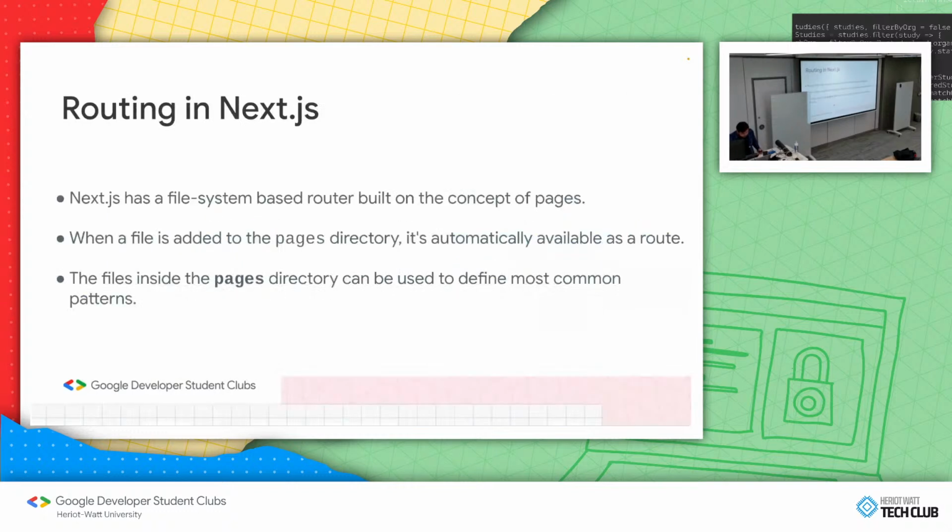So now we also discussed what routing is in general, what routing is when we talk about Next.js, and then we talked about how Next.js handles routing as a file-based system. So what that means is Next.js has a reserved directory called pages, and any JS or JSX file inside this pages directory is treated as its own route.